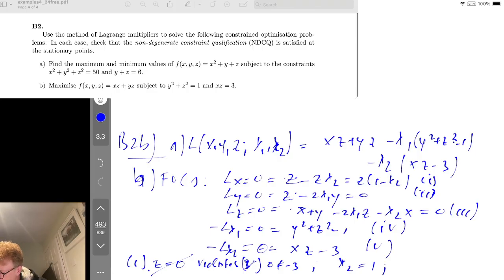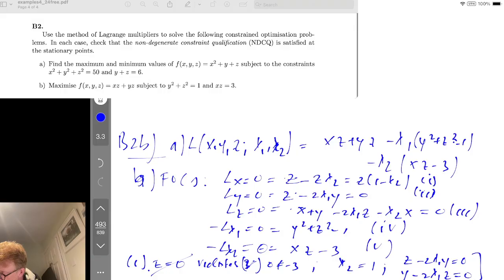Let's fill that in. Then we have z minus 2 lambda 1 y is 0, and y minus 2 lambda 1 z is 0. That's a nice structure, because now you can subtract these.